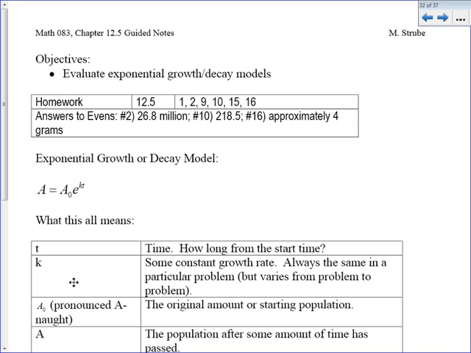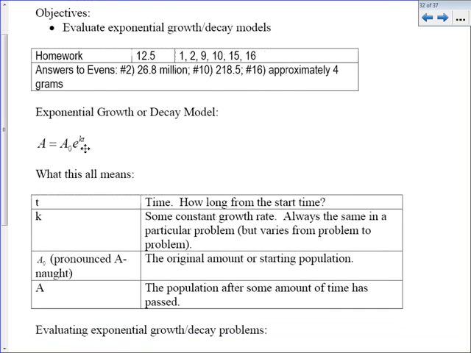So in 12.5, we're going to solve some exponential growth and decay word problems. And in every one of these word problems, you're going to either have this setup or have to put together this setup here. A equals A naught, that's how we read it down here. A naught, A with the little 0 on it.